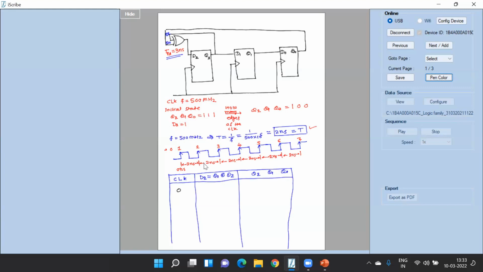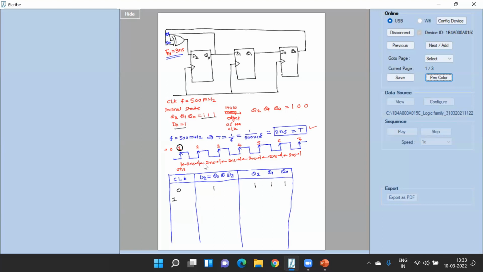In the initial state, D2 equals 1, and my Q2, Q1, and Q0 are 1, 1, and 1. So far so good. Now I want to compute what happens at my first edge, when this comes here.